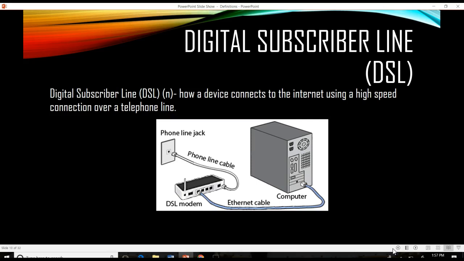But instead of being connected through a coaxial cable, like you were with the cable, you're now connected with a phone line. So just a normal phone line. If you want to get to the internet, you can go out to Target or Walmart or whatever and get those. And then you use an Ethernet cord to connect you to your computer, just like you would any other one. So pretty simple, but it's just high-speed internet over the telephone.